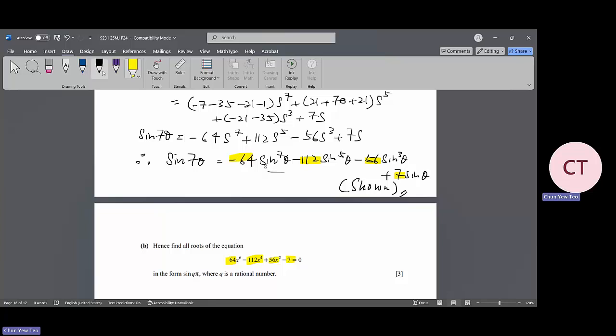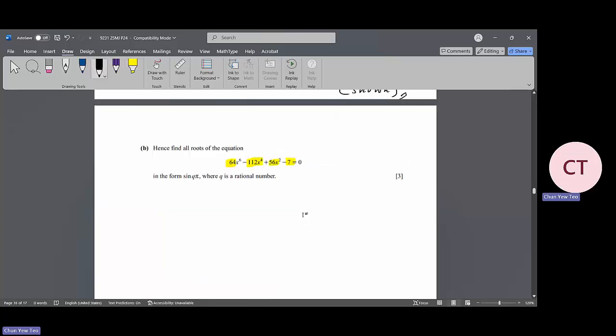Okay, but what we need is a power 7. So what we need over here is that we just need to multiply x. So you get 64x power 7 minus the 112x power 5 plus the 56x cubed minus the 7x is equal to the 0.